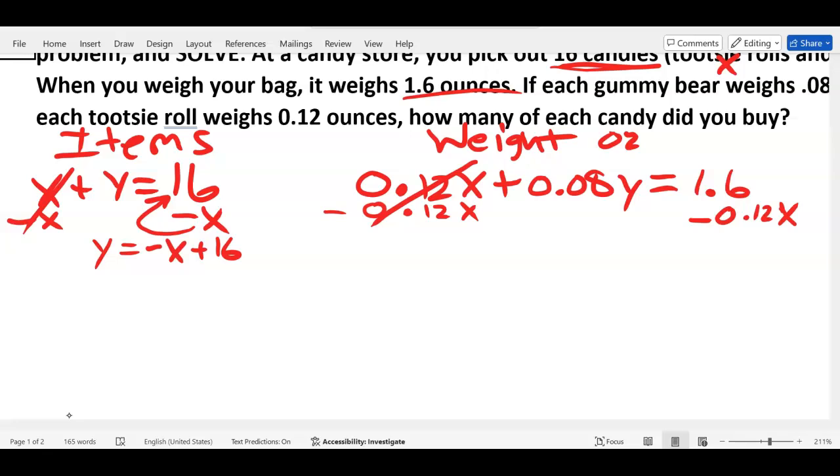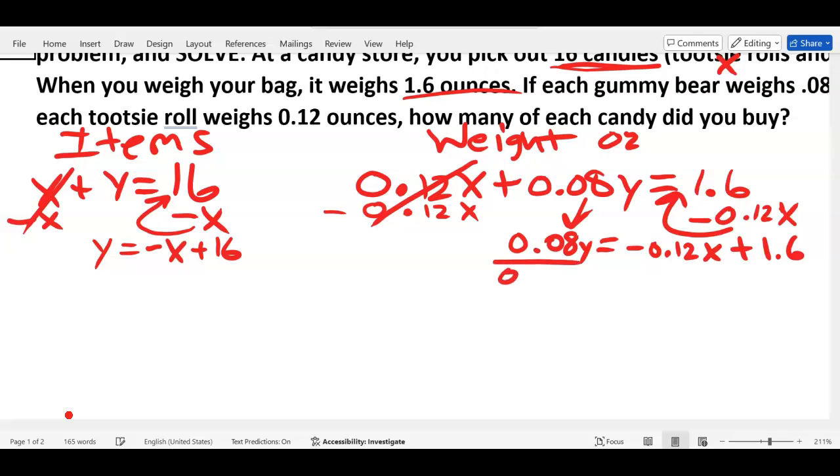All right, so again, when you do it on both sides, this goes in front, so it's 0.08 Y equals negative 0.12x plus 1.6. Okay, minus x goes in front of b. Now, last equation, we didn't have to do any more steps, but this time there's a coefficient. What do you do with this number in front of y? Divide. Everything gets divided by 0.08.